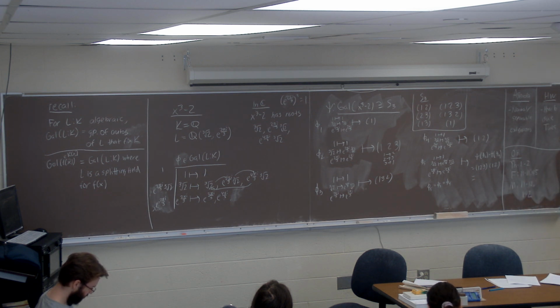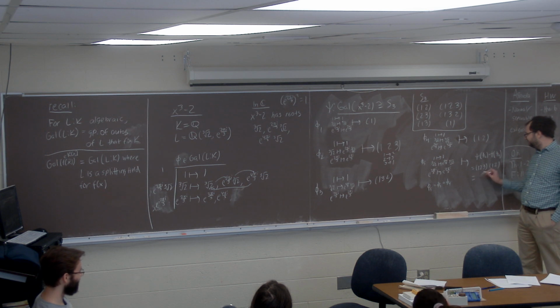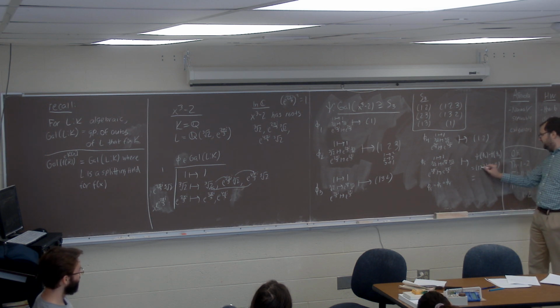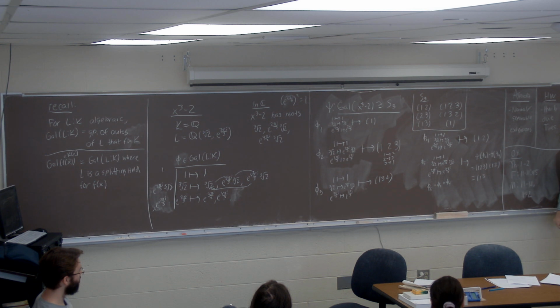How well do you remember this? One maps to 2, which maps to 3, and 3 maps back to 1, so just (1 3). And 2 maps also, because we're swapping, 2 maps to 1, which maps back to 2.